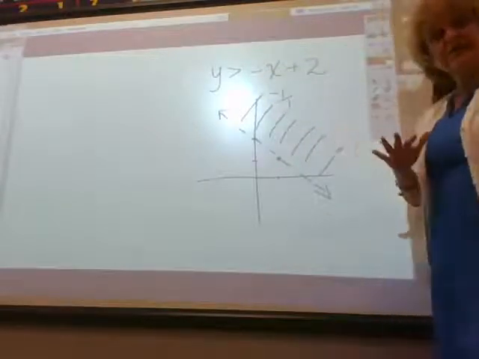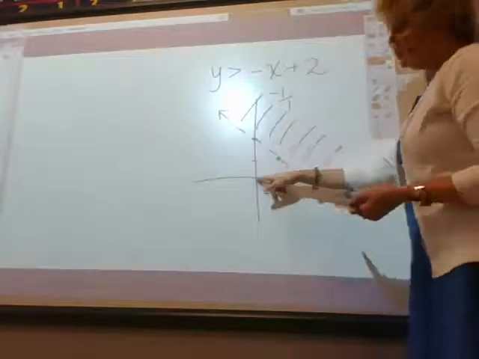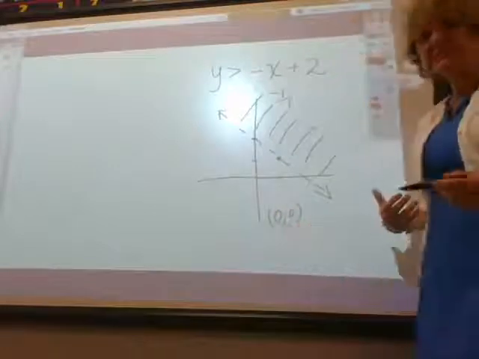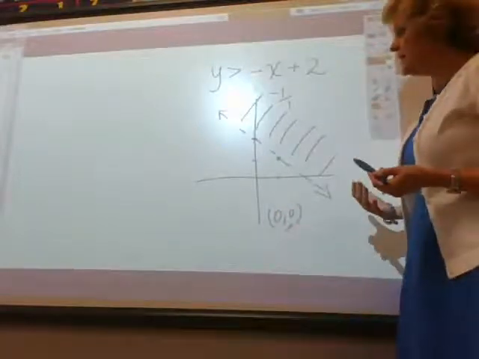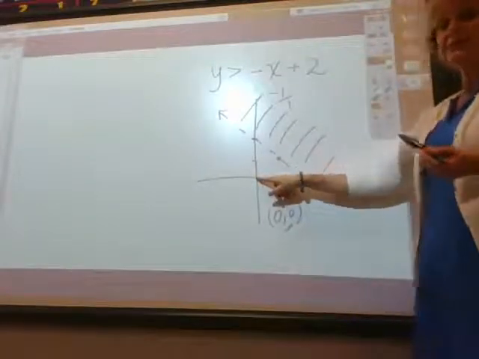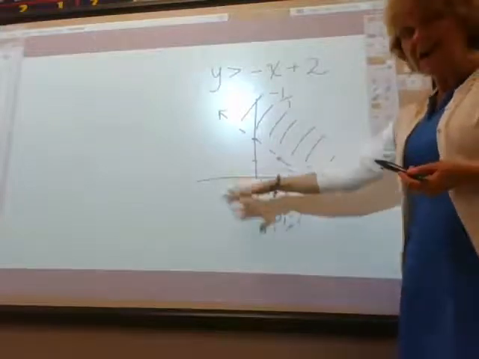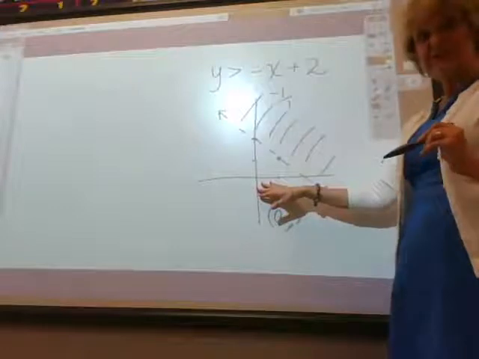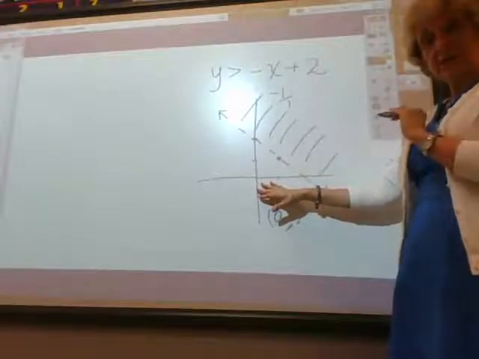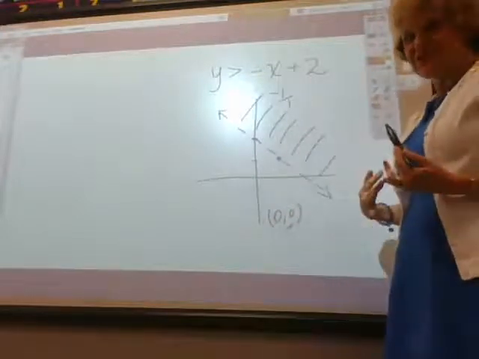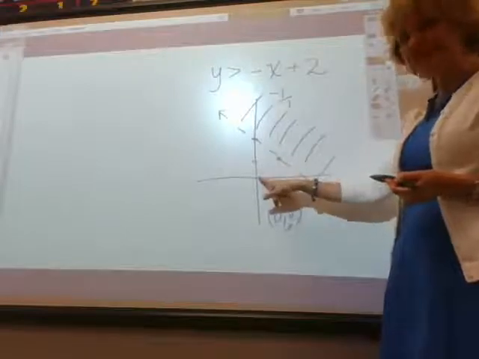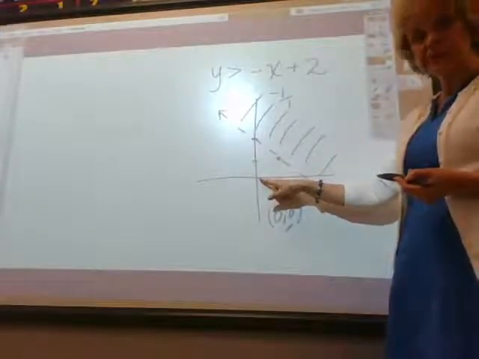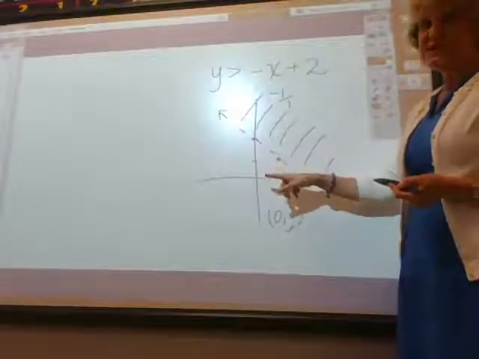Now again, if you're unsure, let's pick a test point, okay? Again, let's pick 0, 0 for our test point. That's always the easiest number to plug in, the easiest coordinates. Now, 0, 0 is not included in our graph. So if we plug it in, we should get a false statement if we have shaded correctly. I hope you're getting all that logic. Remember, it's not included in our shaded area, so it should be false when we plug it in if we've shaded correctly.